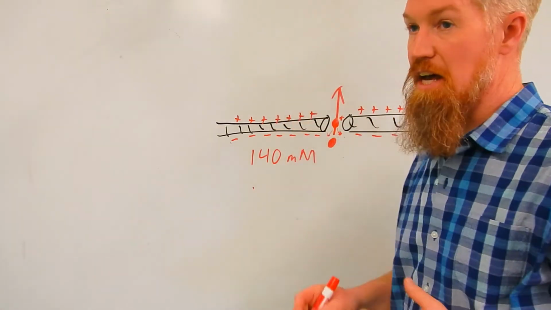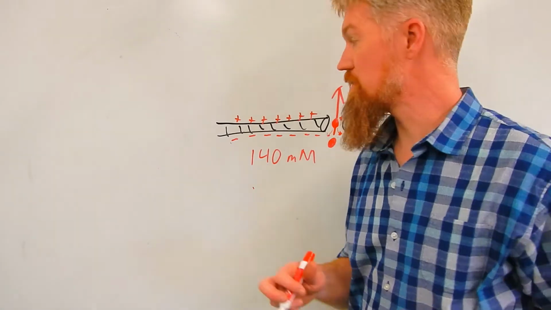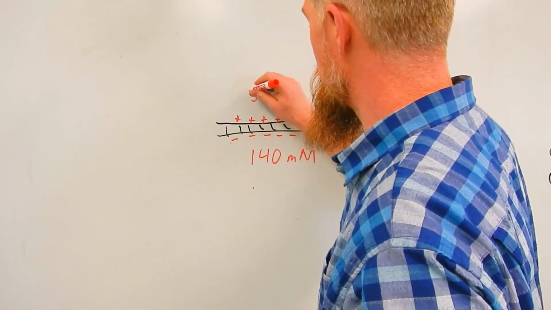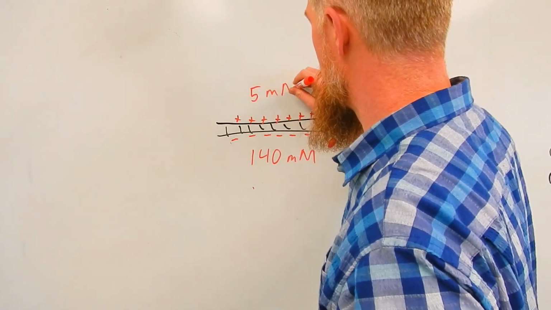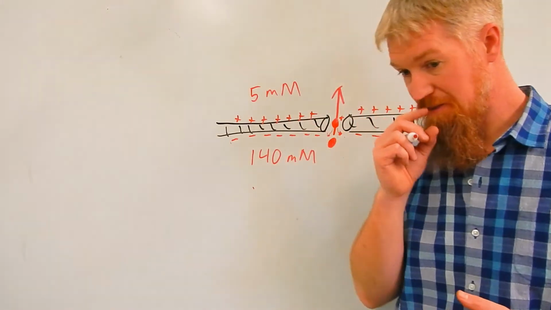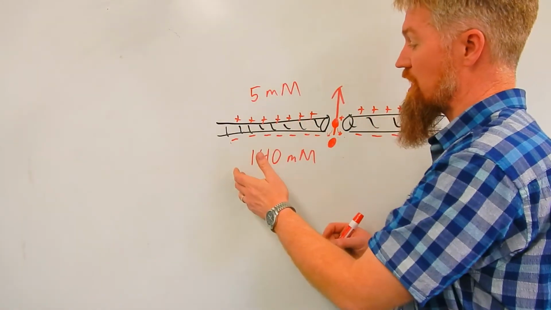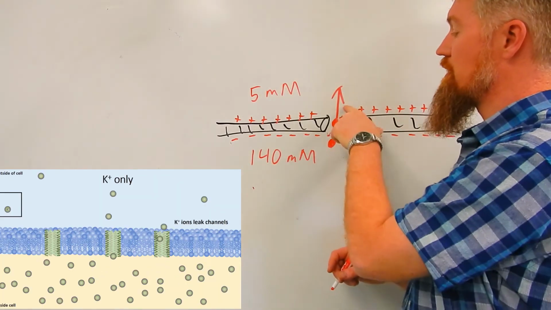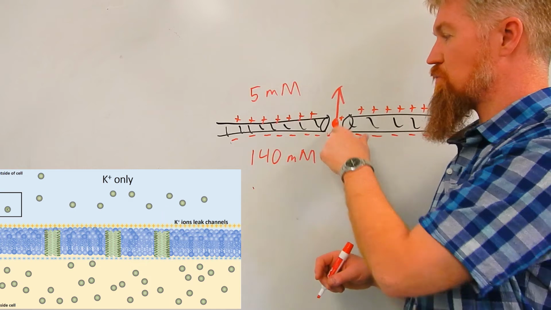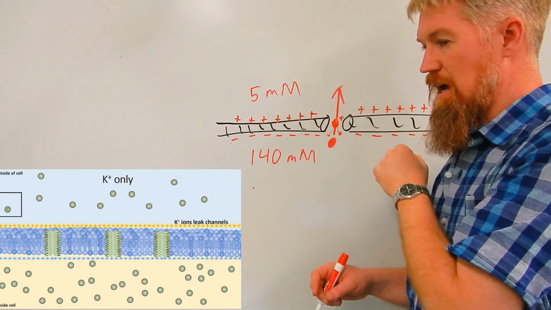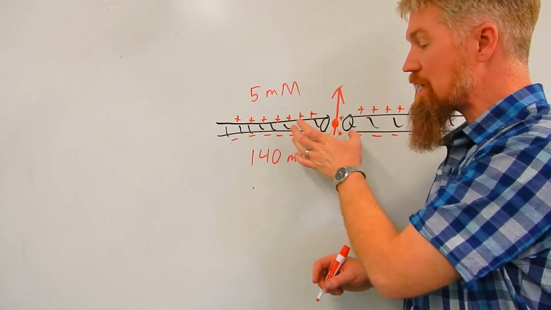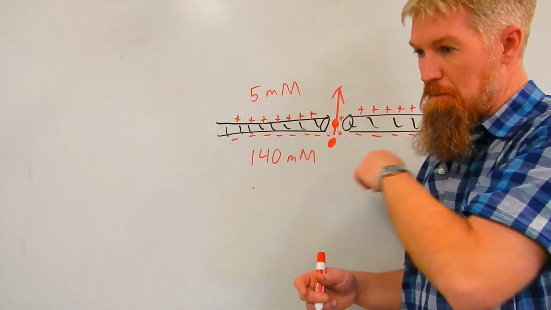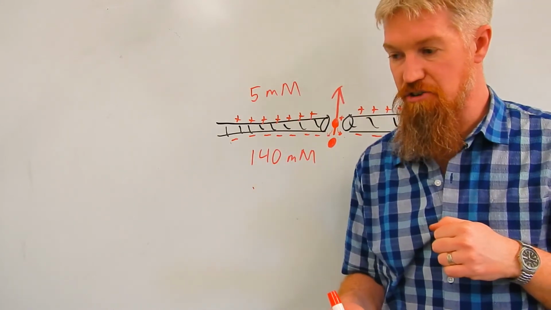On the outside of the cell, we have much lower concentrations of potassium, about 5 millimolar. Okay, so now we have a concentration gradient, which definitely is strong enough to push this ion the other way towards the outside of the cell.